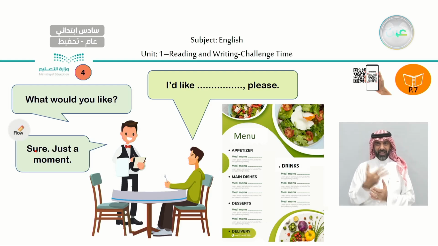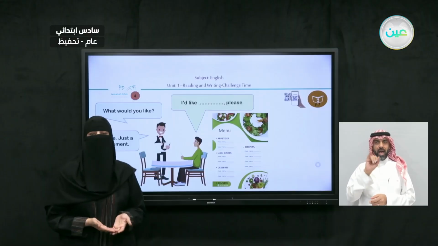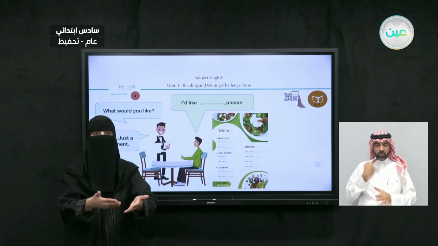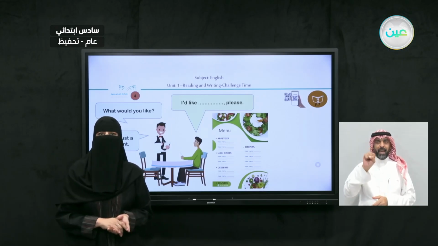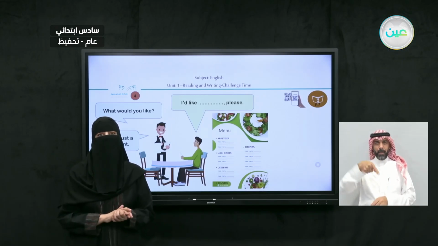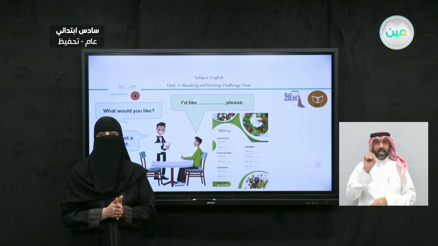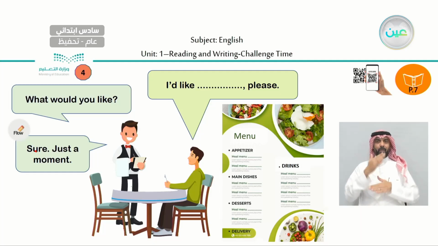Okay, so look here at this man. He said, I'd like, and he names the food he wants, and then he said, please. So when you ask for something, when you finish, say please, which is polite to say. Okay, it is good to say please to be polite, okay? So again, what would you like?